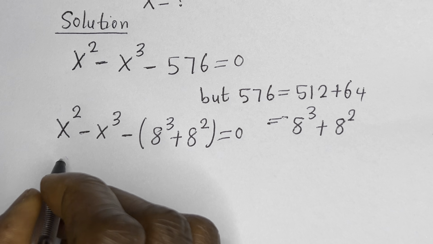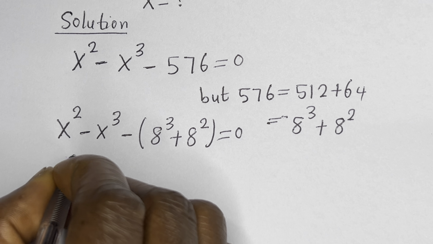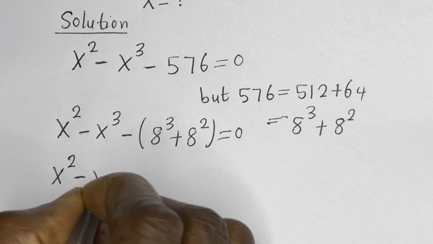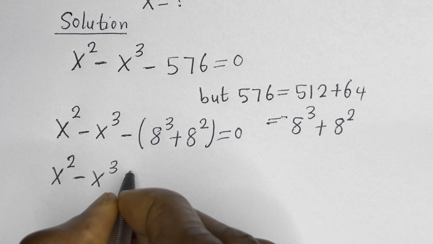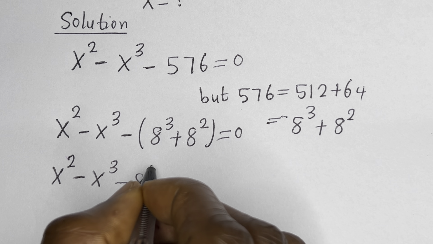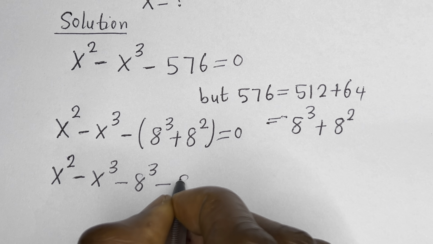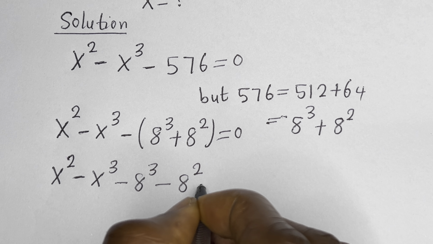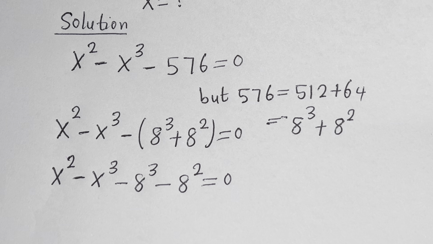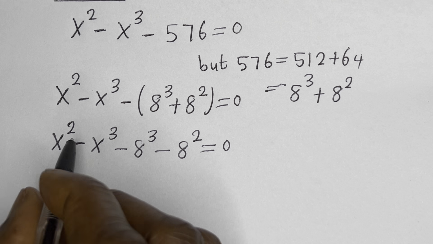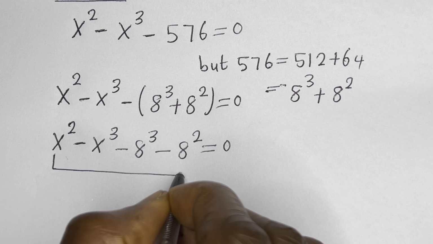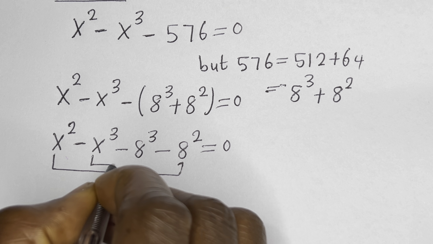Now here we have s square minus s raised to power 3 minus 8 raised to power 3 minus 8 square is equal to 0. Now let us pair this to this and this to this.